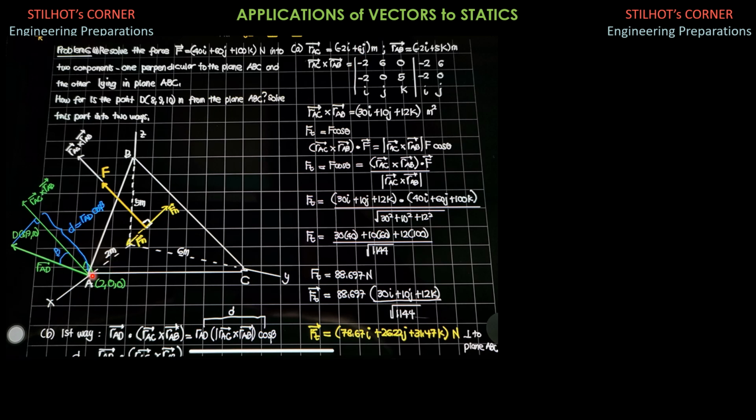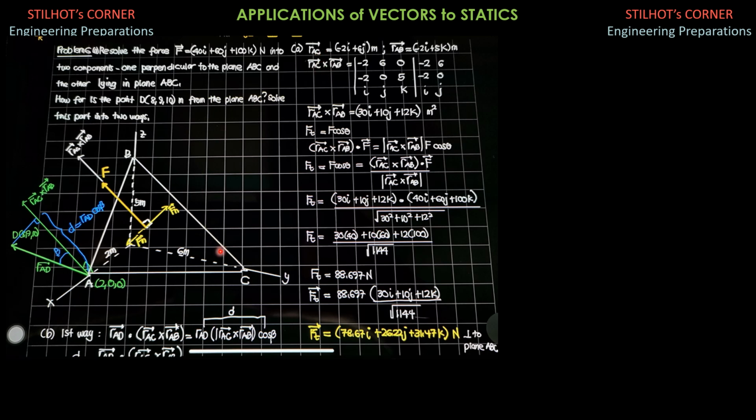Then RAB, this vector here, is going backward 2, then upward 5 along Z. So in vector form, position vector RAB is equal to negative 2i plus 5k as shown here. Then we evaluate the cross product between AC and AB.